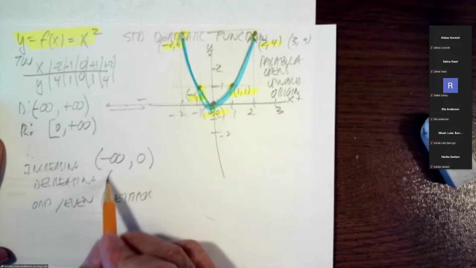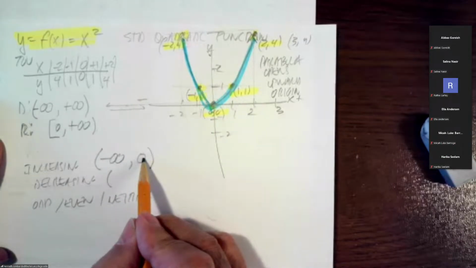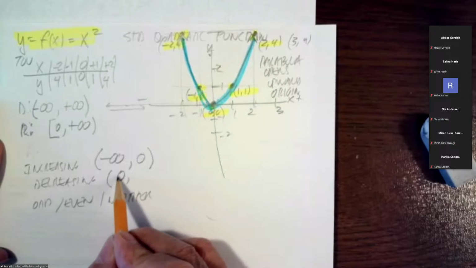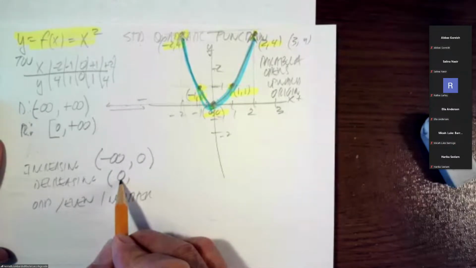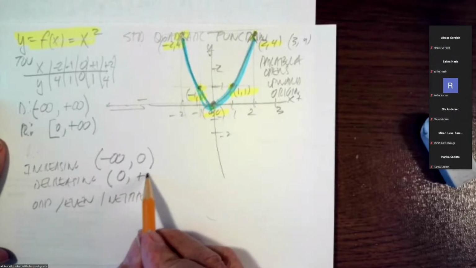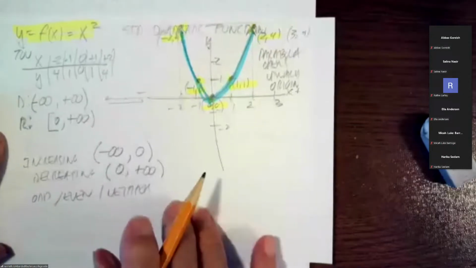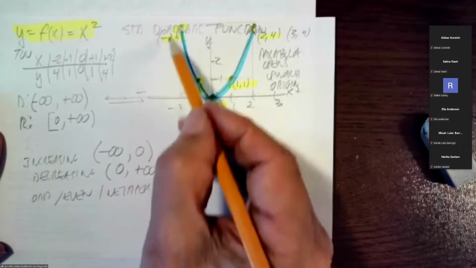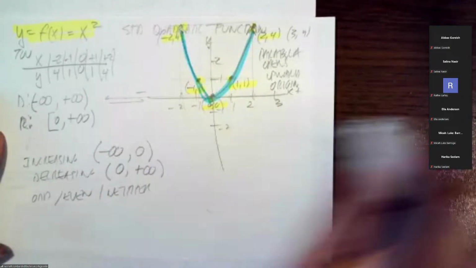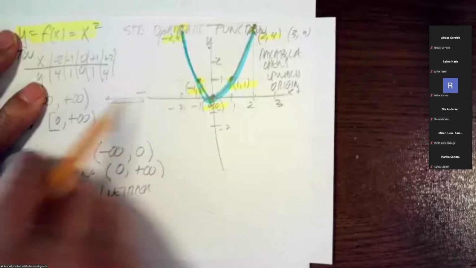And then it's increasing for where we get greater than 0, which says, we'll put a left paren here, which says anything greater than 0, but not including 0, out to positive infinity. Okay, so decrease, I've got that just the opposite. I better change that then, where I should have put decreasing first.